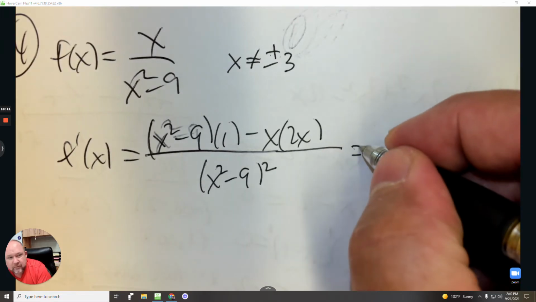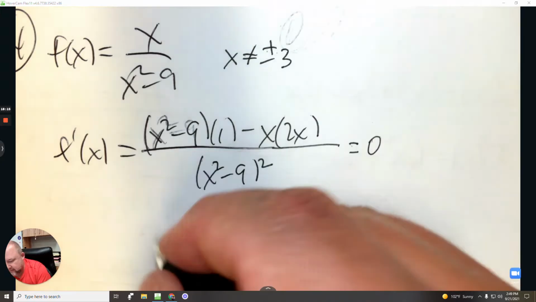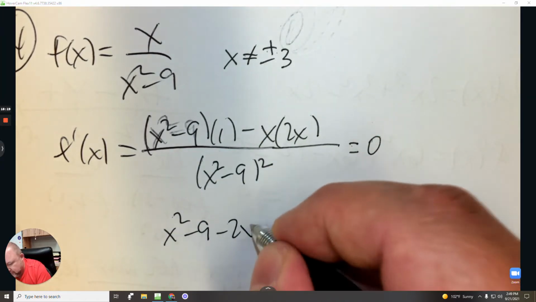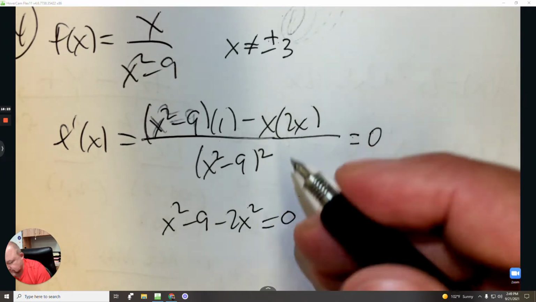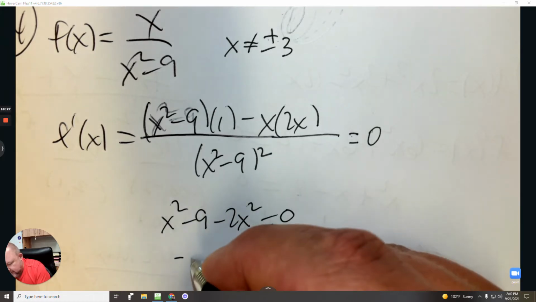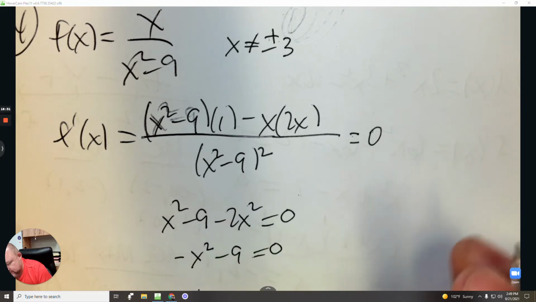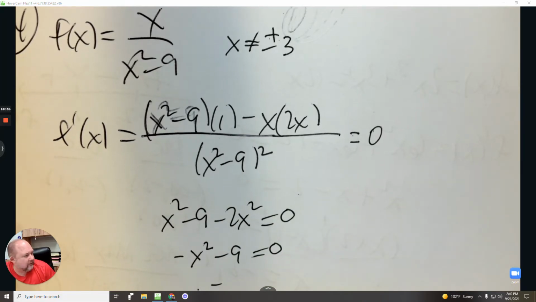If I look at the numerator, so if I make this equal to 0, just the numerator, I have x squared take away 9 minus 2x squared. So that's what I'm going to solve. That's negative x squared minus 9. I think it's imaginary, right?